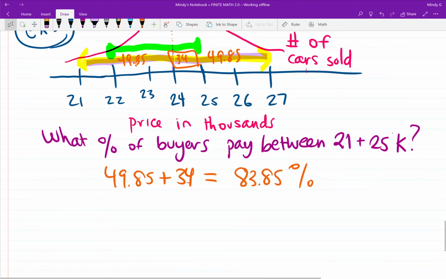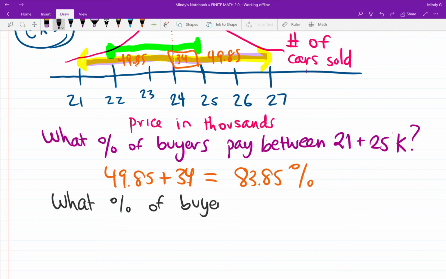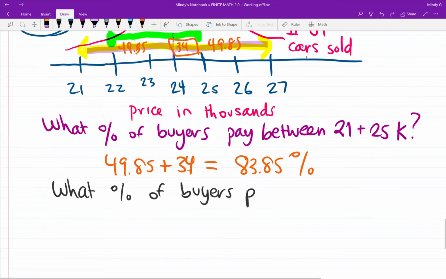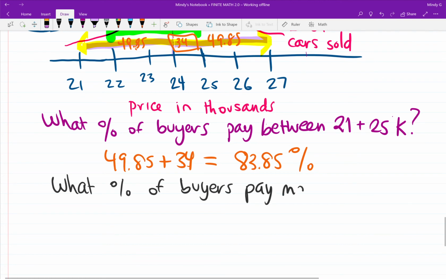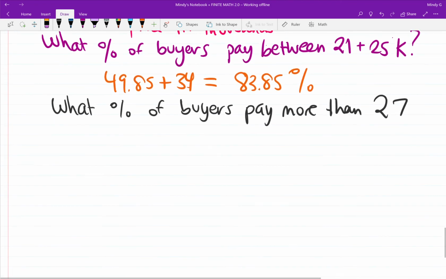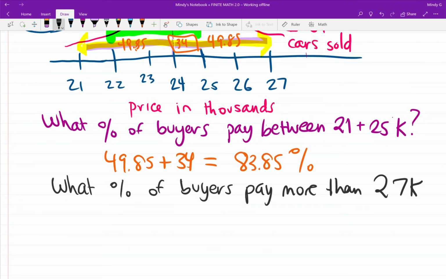What percent of buyers pay more than 27,000? Any ideas how you could do that?